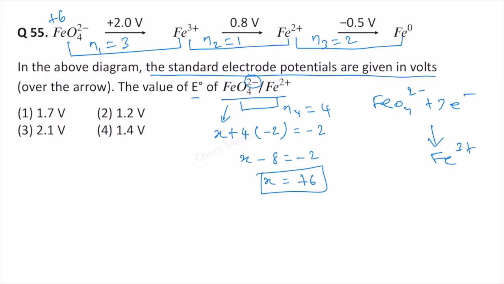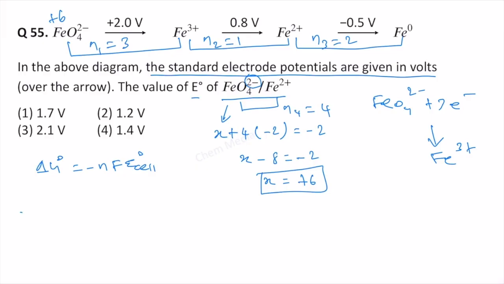But the question here is, when FeO4 2- becomes Fe2+, what is the E cell standard value? We can calculate that. We know that delta G standard is equal to minus nF E cell standard, where n is the number of moles of electrons, F is the Faraday constant, and E cell standard is the reduction potential.